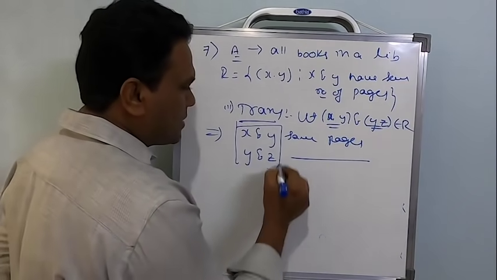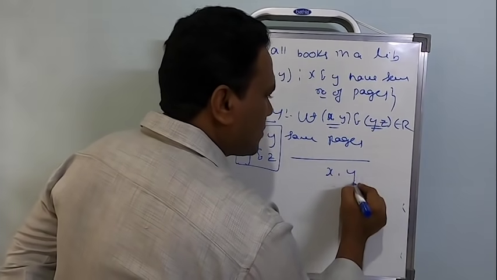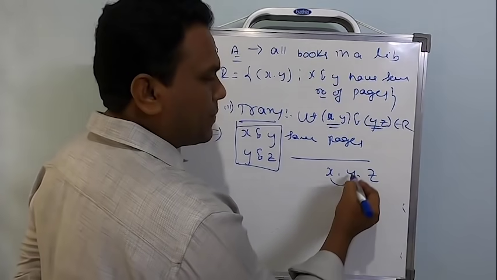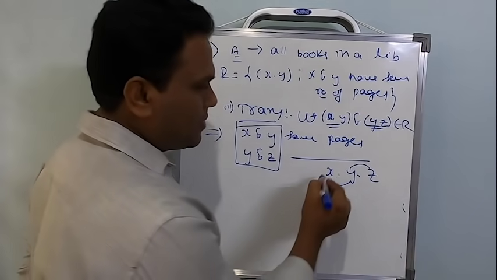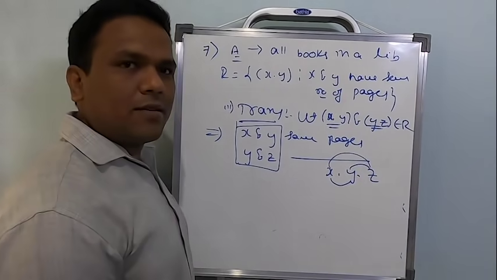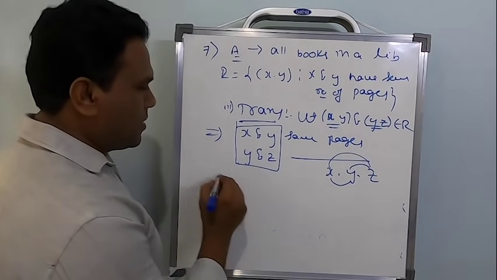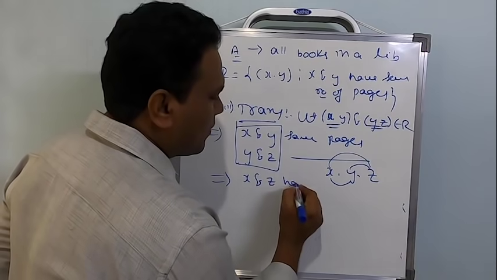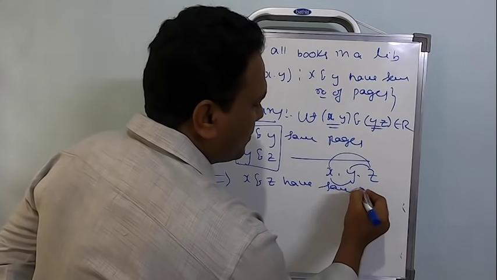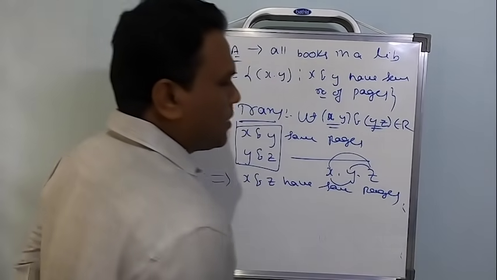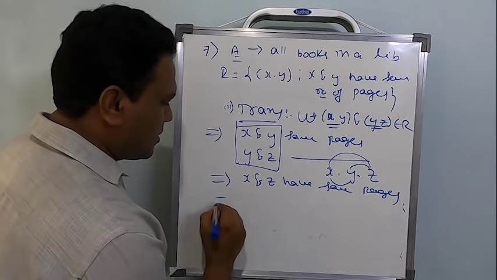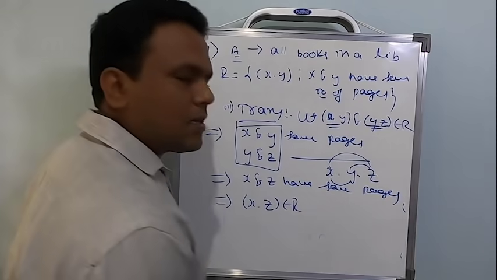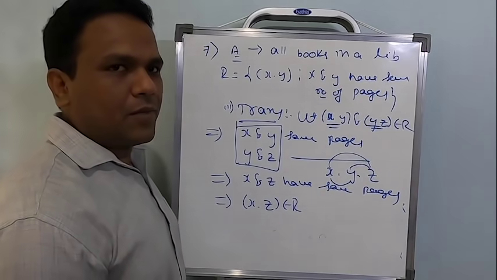The discussion is based on three books x, y, z having the same number of pages. x and y have the same pages, y and z also have the same pages. This concludes that x and z have the same pages. If x and z have the same pages, then the ordered pair (x, z) belongs to R, hence R is going to be transitive.